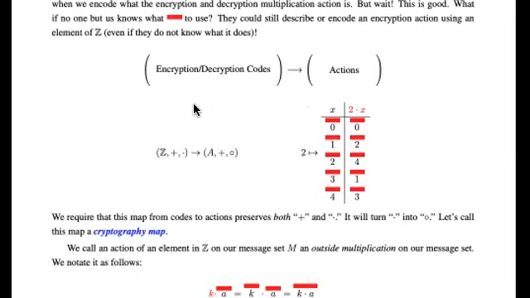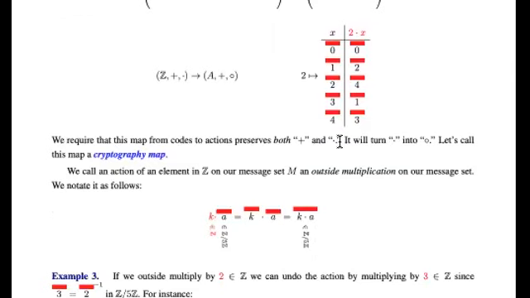Even if you just take anything over here in Z, it's sent to a function over here. So take K as an integer, and K lives outside of the message set, outside of Z mod 5Z, where all the action is taking place. Yet it acts on all the elements of that set because it is describing a function. And the function action we call an outside multiplication.